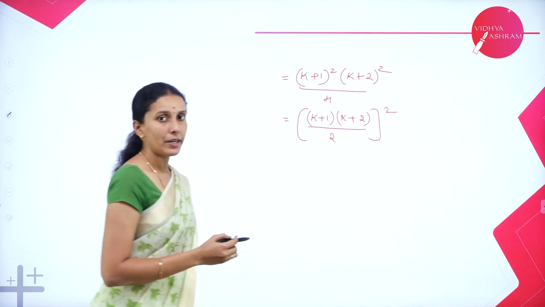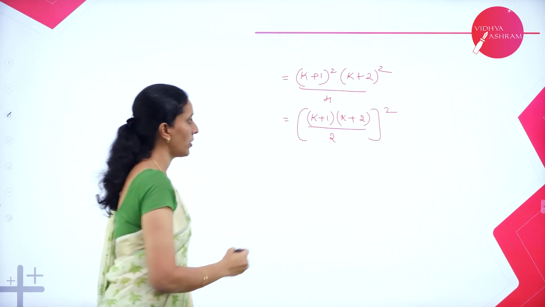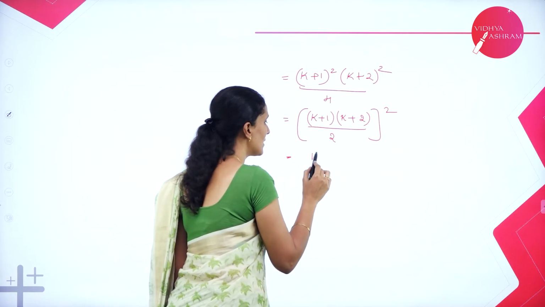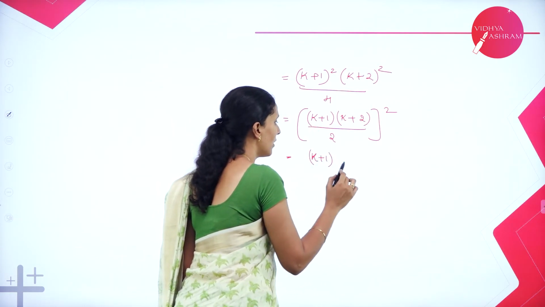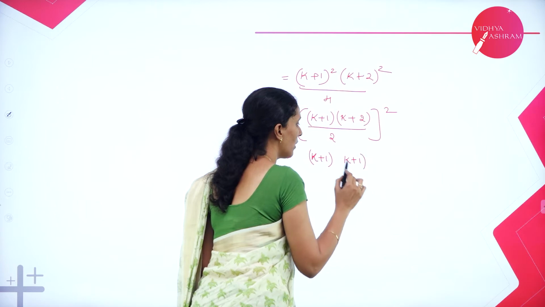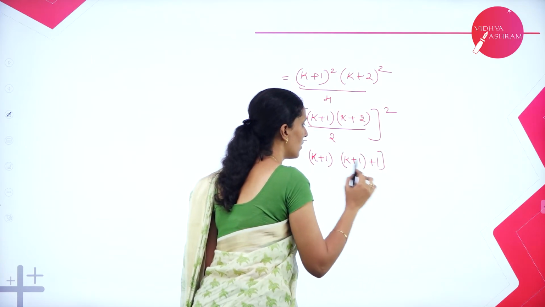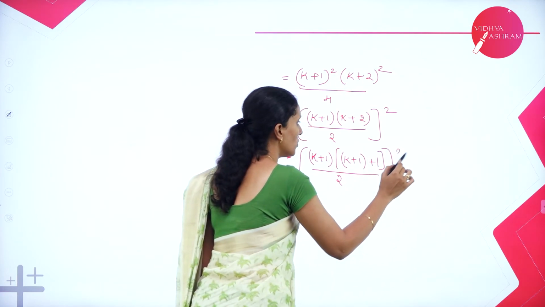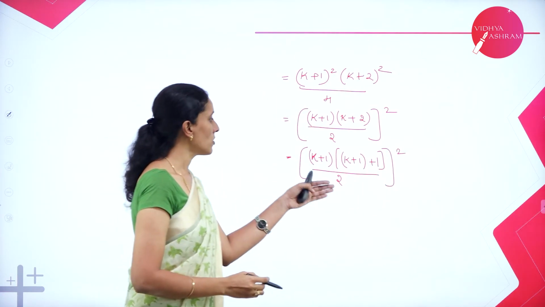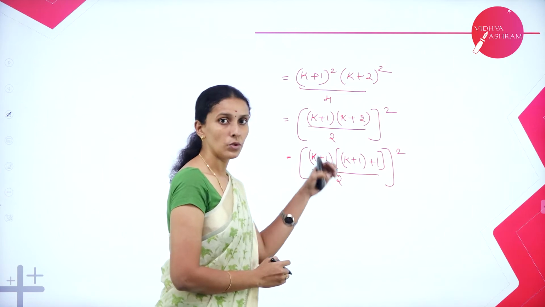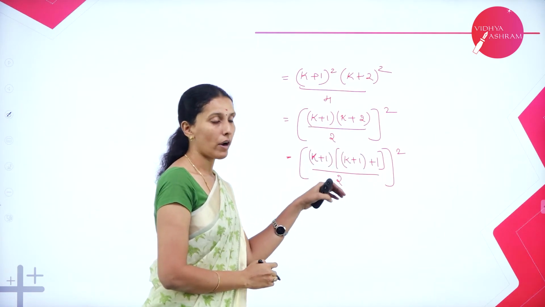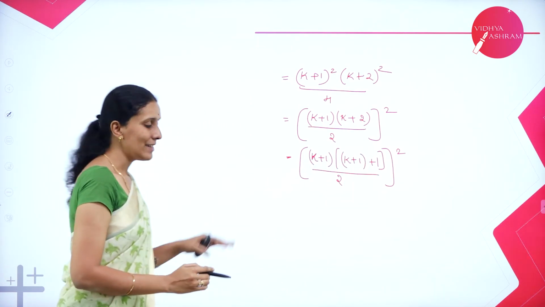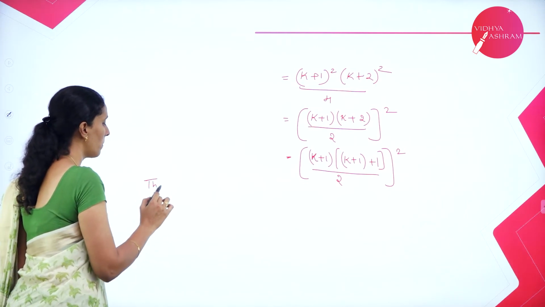Let's check, we can write it in the form of (n(n+1)/2) whole square. If this is in the form of n, then the second one is in the form of n plus 1, divided by 2 whole square. So we are getting k plus 1 also as (k+1)(k+1+1) divided by 2 whole square. Hence, what can we conclude?